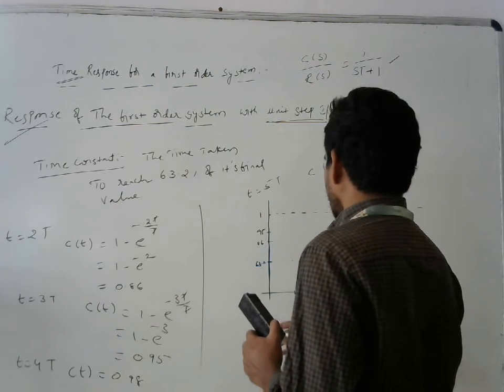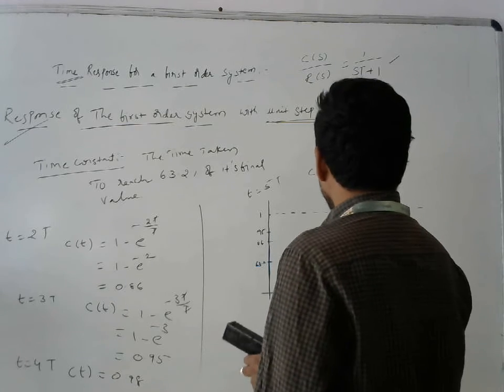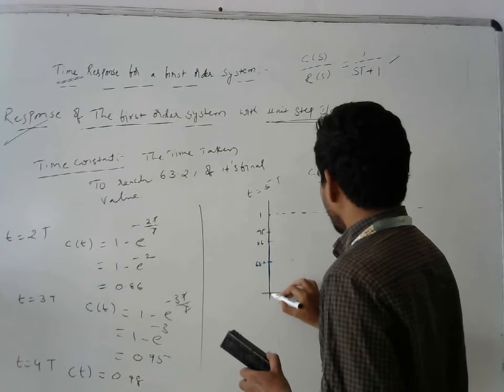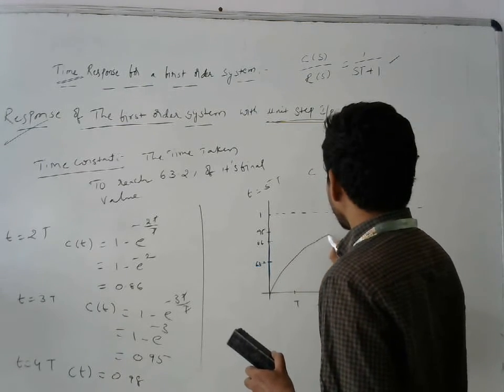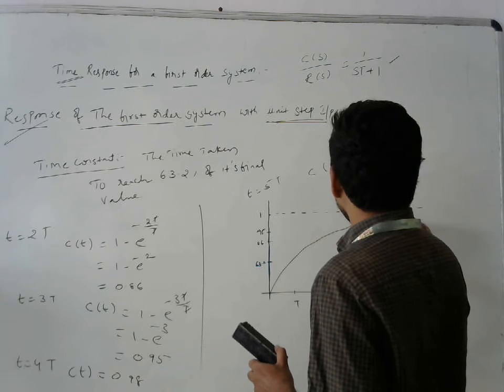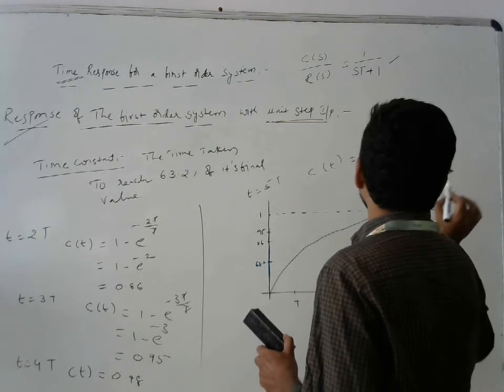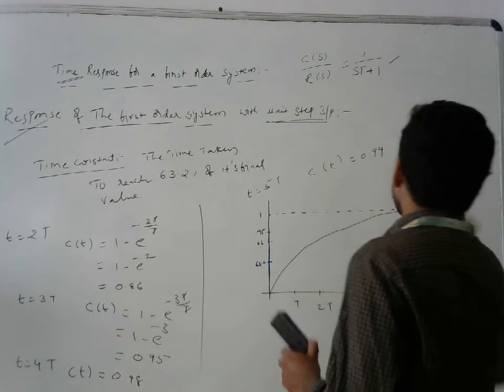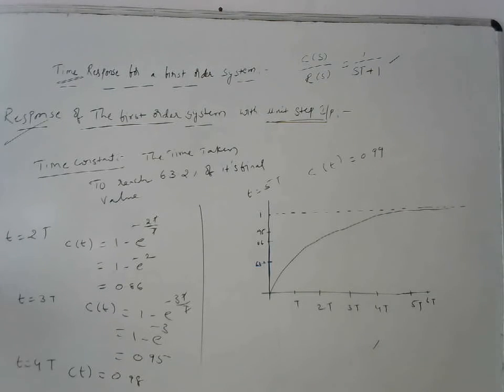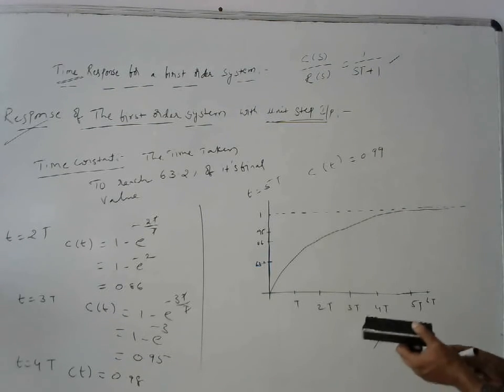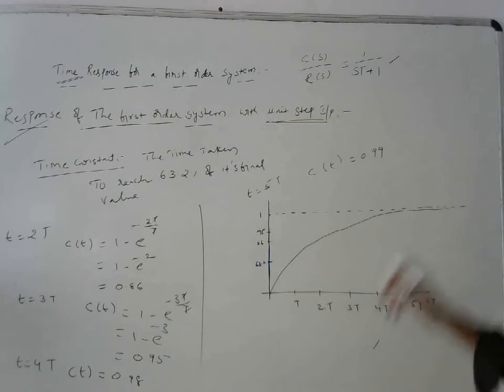Right. Now if you are drawing the graph, it will be going like this. This is our time response of a first order system when we applied a step signal.